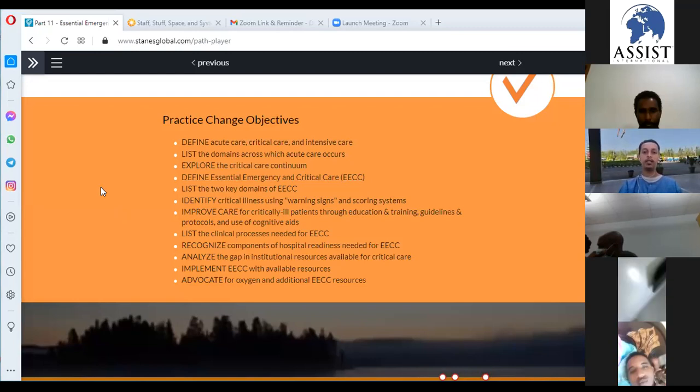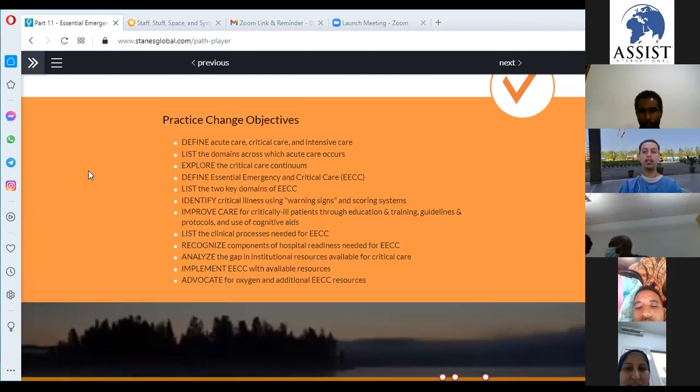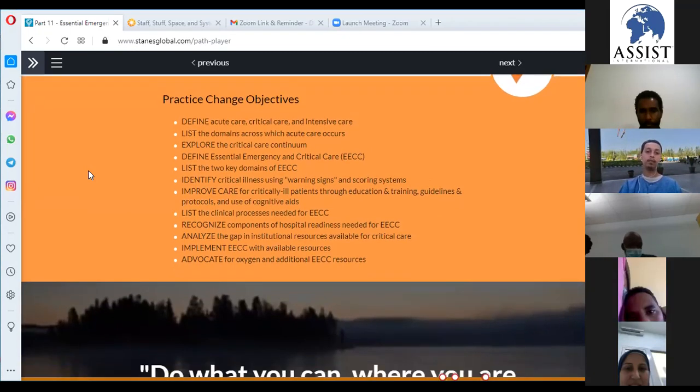And this teaching material really makes things easier, as there is a list of requirements or a list of things we have to collect in order to set up essential emergency and critical care.